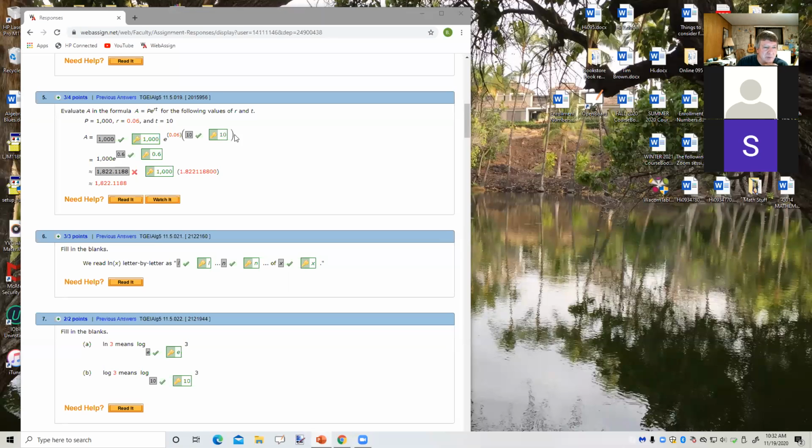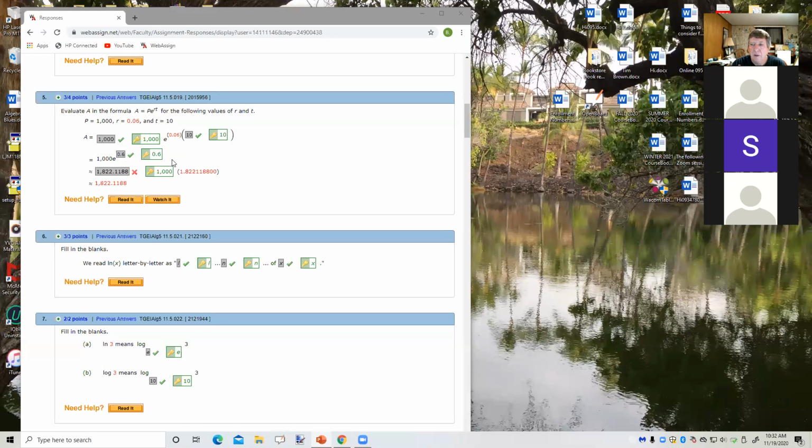So if you look at this first line here, P is 1,000 and R is given, and then T is 10. Then that leads you to this line, because if you take 0.06 times 10, you get 0.6. Now we've got 1,000 times e to the 0.6 power.